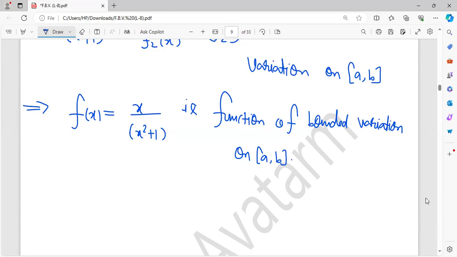Using that result, we did two questions: that sin x upon x plus 1 is a function of bounded variation on the closed interval 0, 1, and, as the third example, that x upon x square plus 1 is a function of bounded variation on any closed interval.